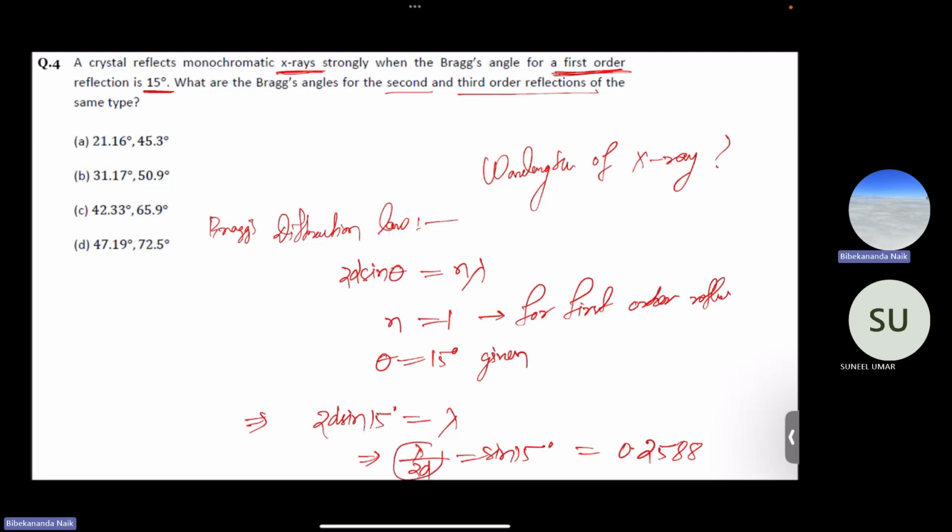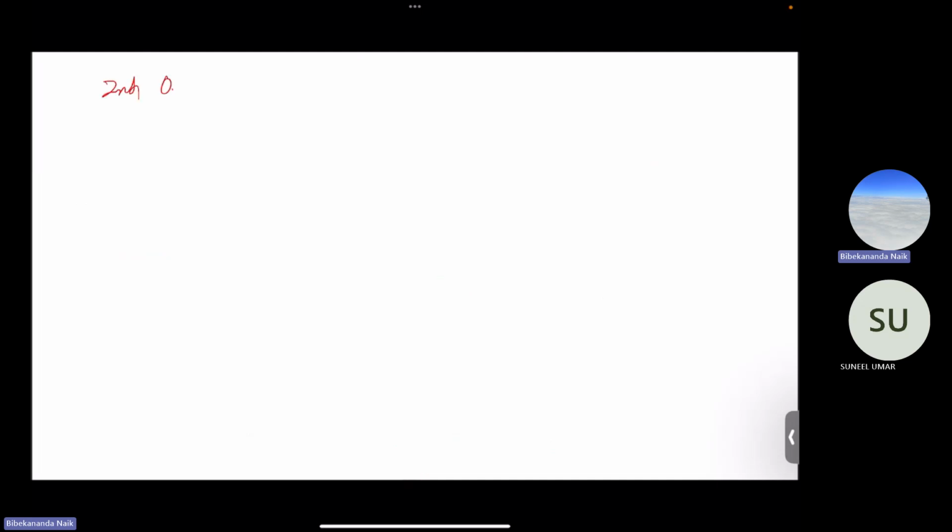Although we don't know explicitly the value of lambda and d, we only need the ratio lambda by 2d. In the second order reflection, 2d sine theta equals n lambda equals 2 lambda, so sine theta will be 2 lambda by 2d.